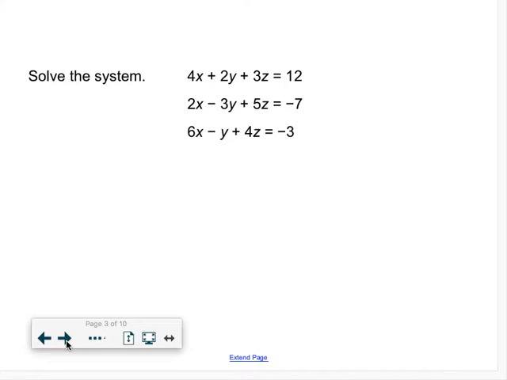The second equation is 2x minus 3y plus 5z equals negative 7. And the third equation is 6x minus y plus 4z equals negative 3.